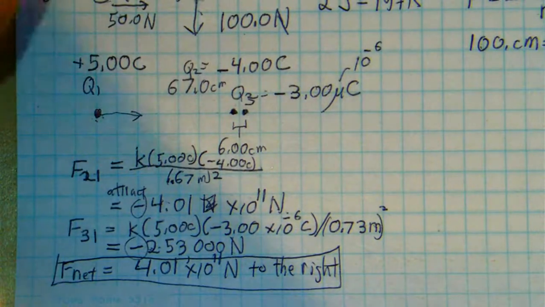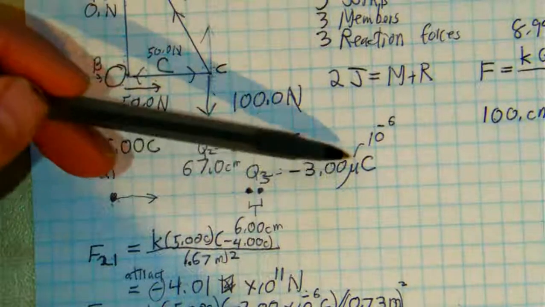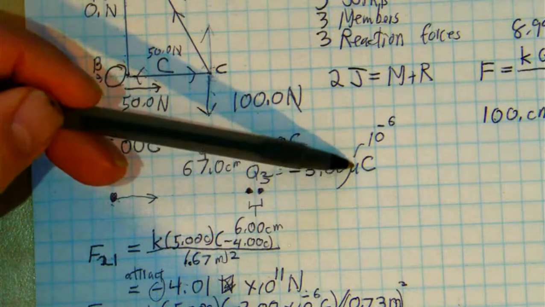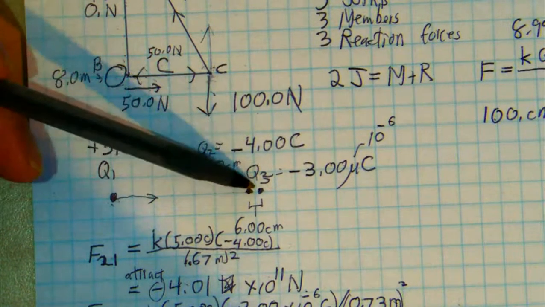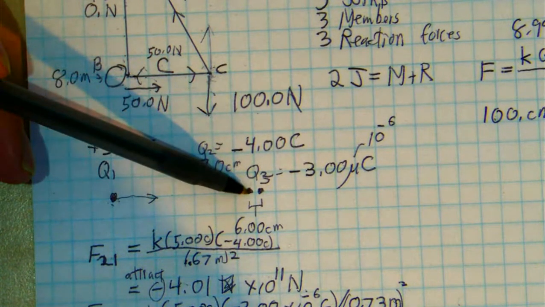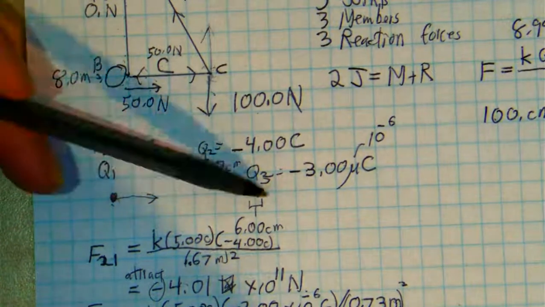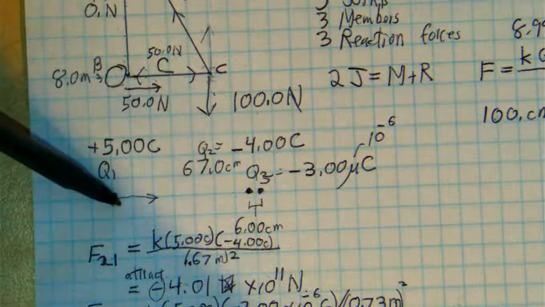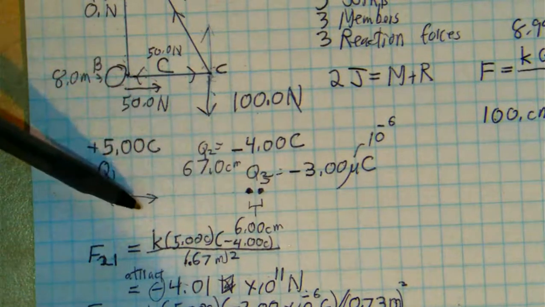So in words, this charge to the right is 1,000,000 times weaker than the charge Q2 that is close to it. In addition, it's even farther away from Q1 than Q2. And the farther the distance, the weaker the force.